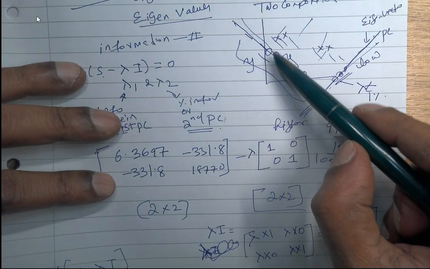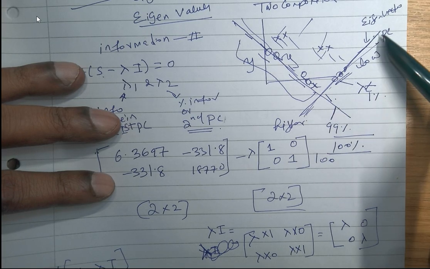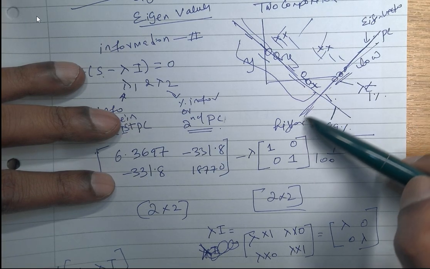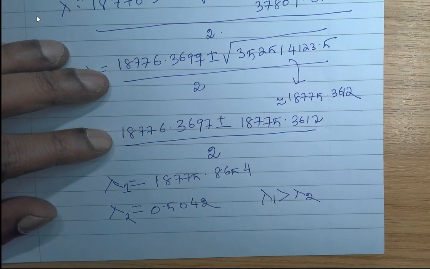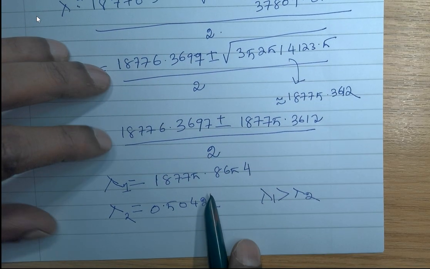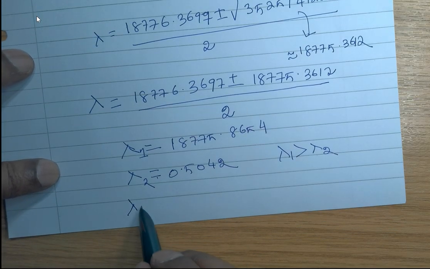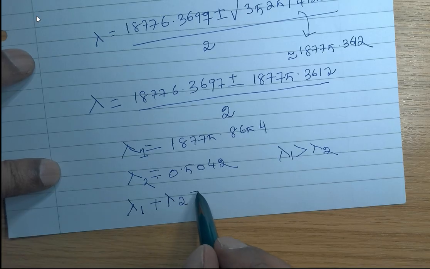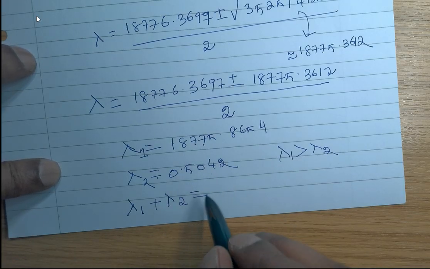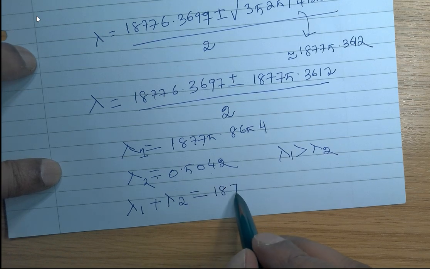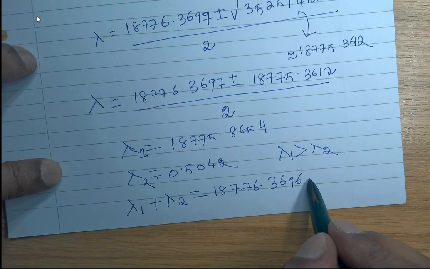To know how much percentage of the variance, or the percentage of the information, is captured on this component, you can use the eigenvalue to get that information. So sum these values. If you add these two values, you will get 18776.3696.